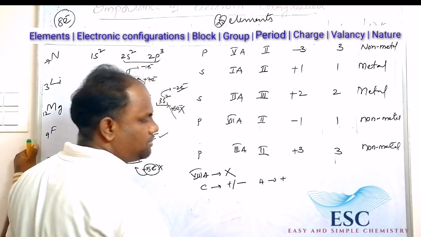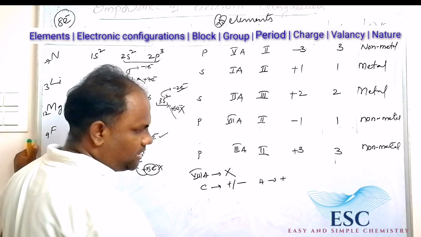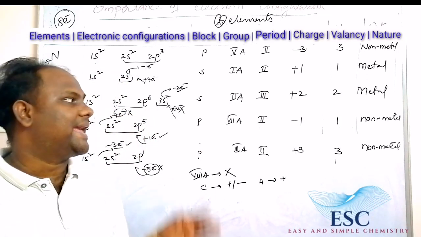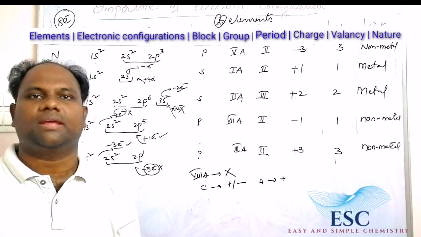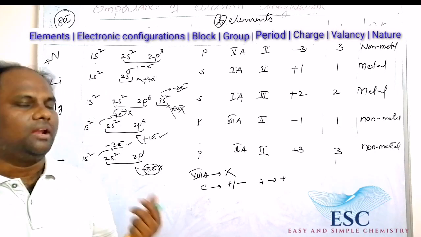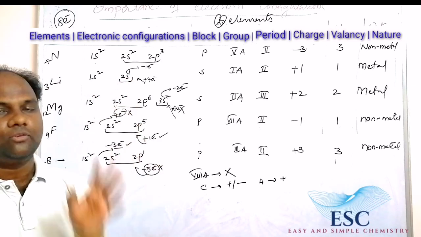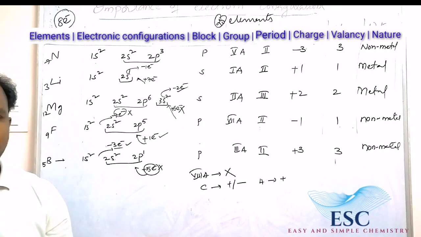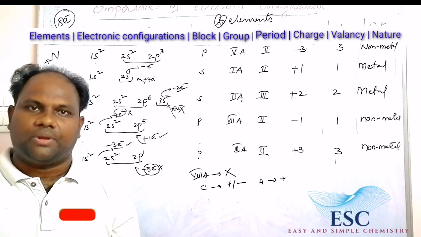Hydrogen shows a positive charge. That's why it is not a metal. So those are exceptions and examples to explain the position and properties of the elements by using only electronic configuration.